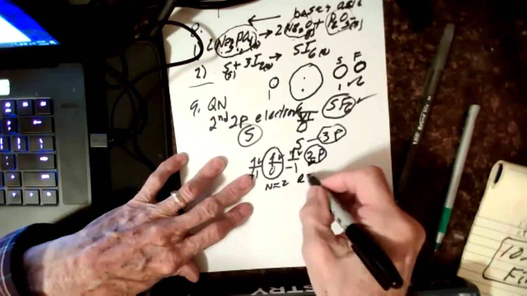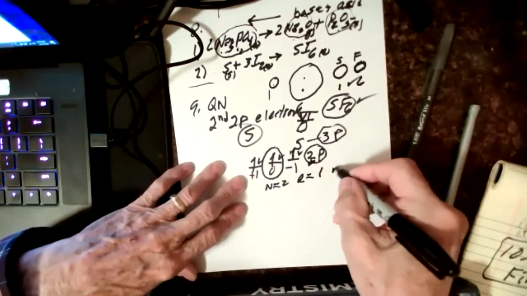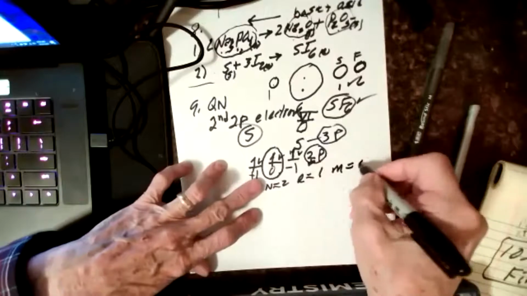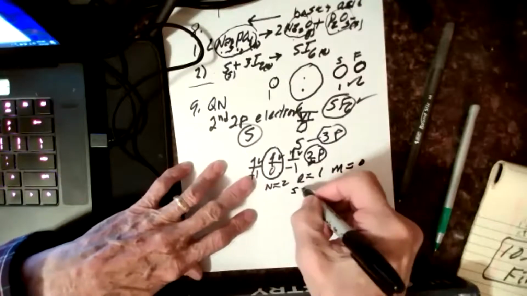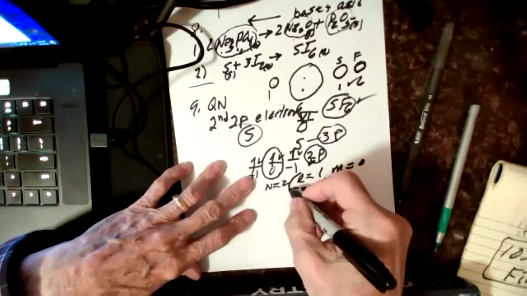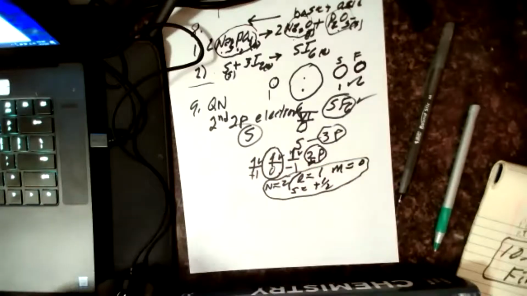The l is equal to 1, that's for p orbitals. The m, or m sub l, is equal to 0. And the spin is equal to +1/2. So there's the set of 4 quantum numbers for the second 2p electron.